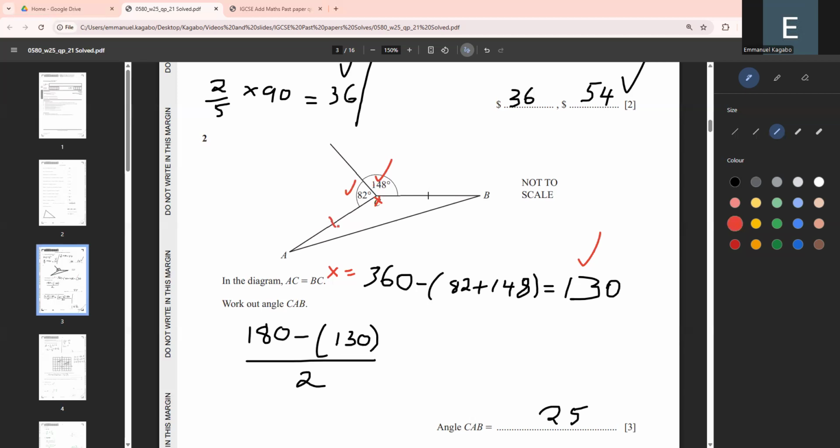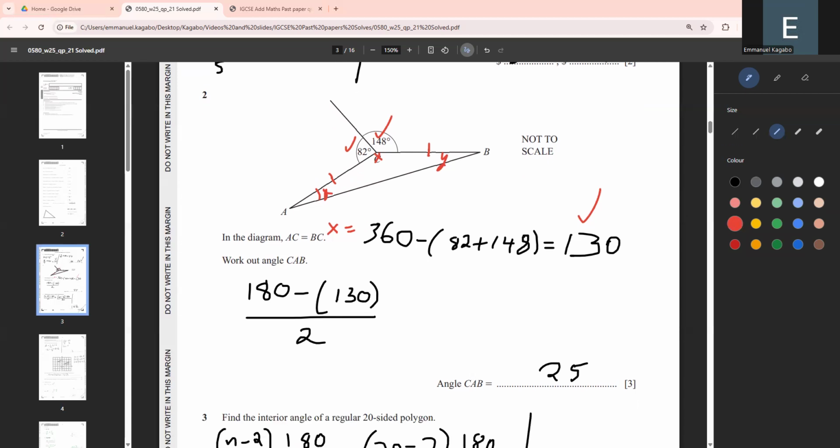But they also said this equals that. What does that mean? If I call this y and this one y, angles in a triangle add up to what, guys? They add up to 180. Therefore, to get y, it will be 2y plus 130 equals 180 degrees. Is that okay for you?